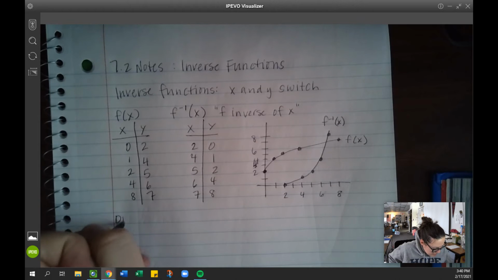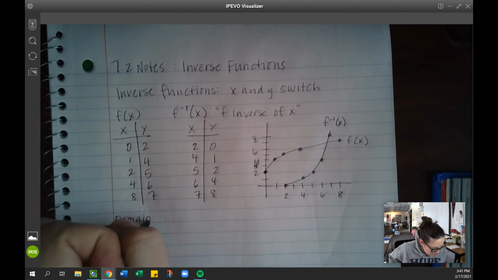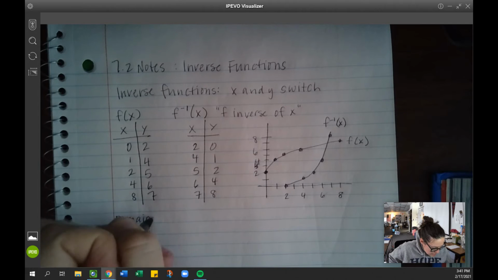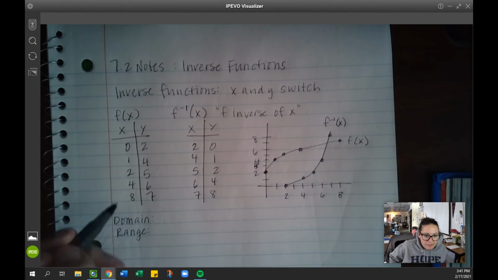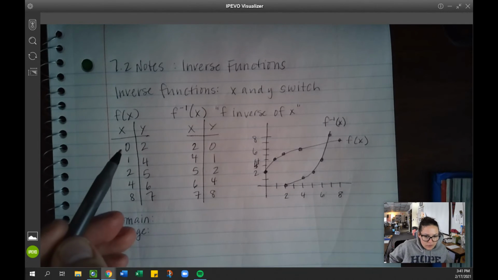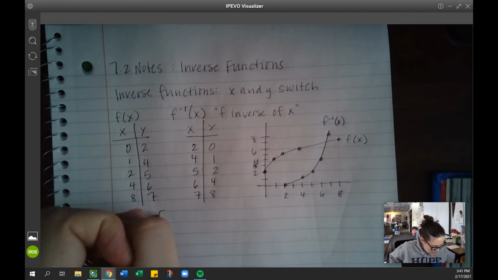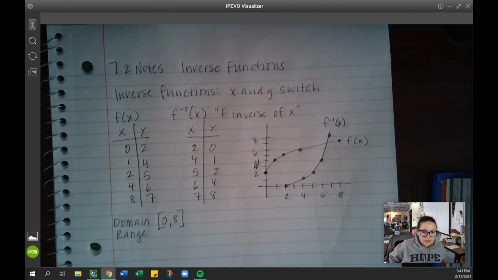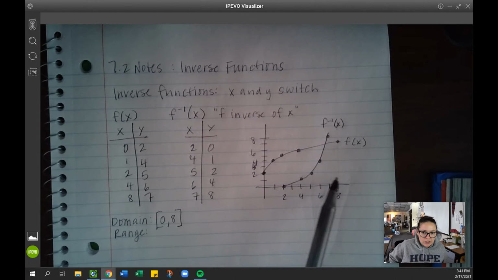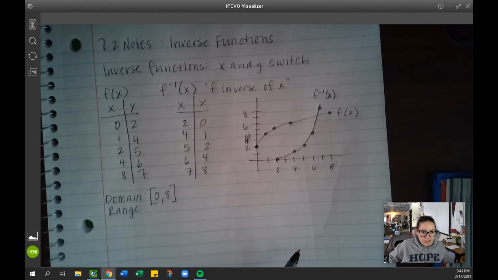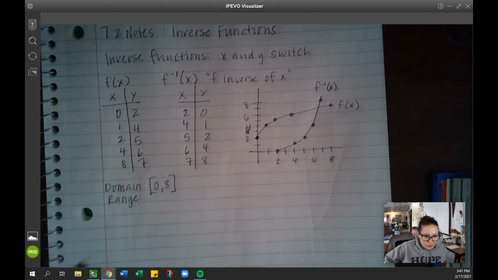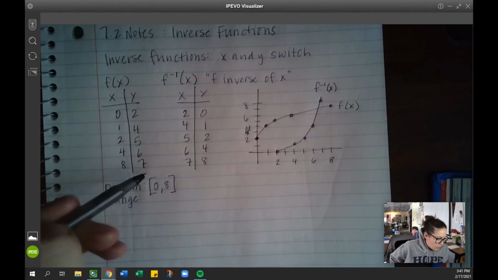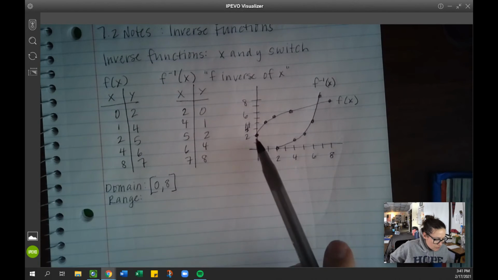Remember, domain is everything that x can be, and range is everything that y can be. So for the case of f, the domain is from 0 to 8, because my x's go from 0 all the way to 8. And remember, we use those brackets when we include the number. The range is the possible y values.